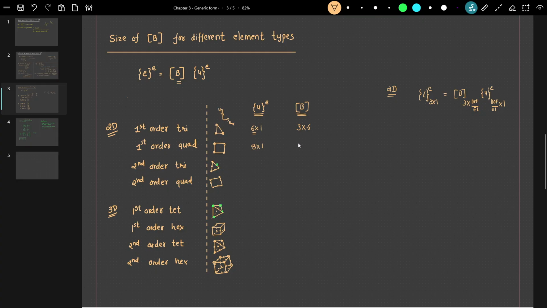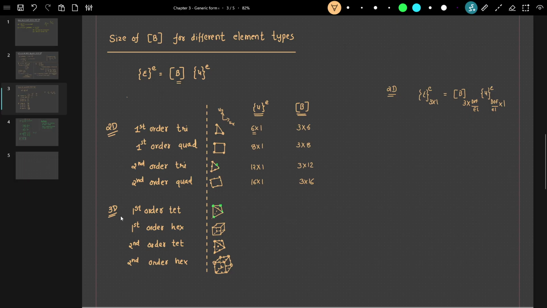B matrix is number of strain components by degree of freedom per element. Second order tri-element has 6 nodes, so 12 is total degree of freedom per element, so 12 by 1. B matrix is number of stress components by degree of freedom per element. Similarly, second order quad element has 8 nodes, so this is 16 by 1. B matrix size is 3 by 16.